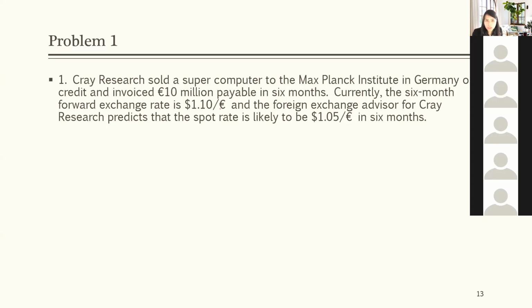So from the US company's point of view, this is the seller, so this is an account receivable for them, right? Now, for this company, the account receivable is denominated in a foreign currency, and it's a euro in this case, okay? This is a future receipt, so we expect to receive it in 6 months.